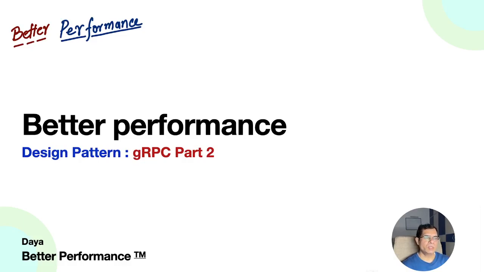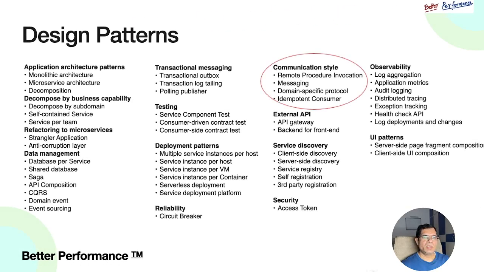In the previous section, we discussed some part of the communication style. As you remember this slide where I was discussing the design pattern, when we talk about the communication style, it has many different ways: sync and async, between intercommunication and external communication.